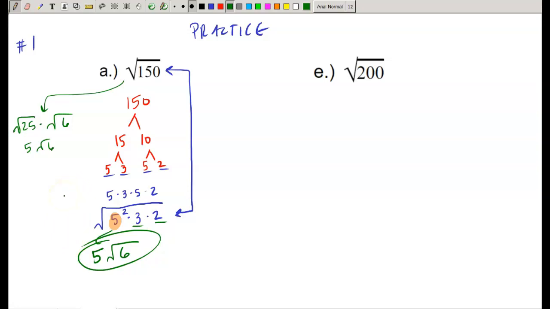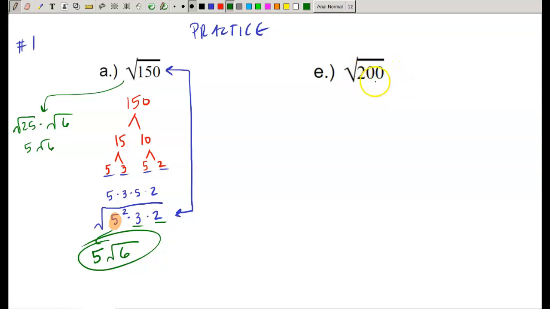It doesn't matter which way you do it. There's going to be pros and cons to those methods based upon the problem that you start with. Sometimes it's easier to do one of the methods over the other. But again, pick the one that's easiest for you and go with it. So let's do the second one, root 200.